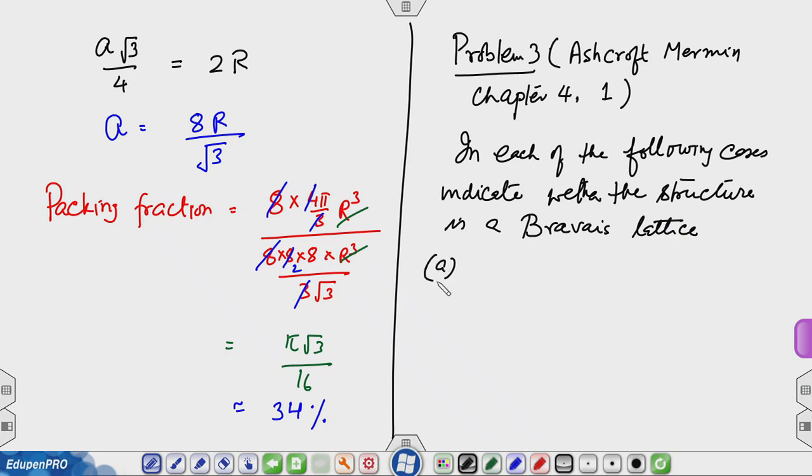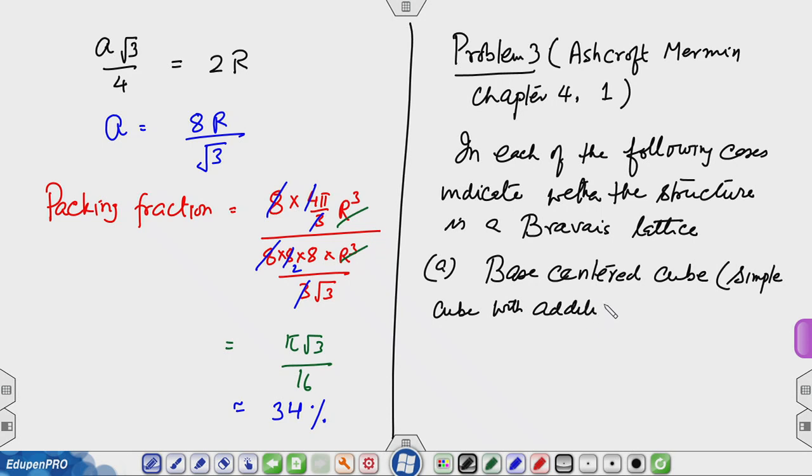A, base centered cube, and what is that? That is a simple cube with additional points on the horizontal faces.